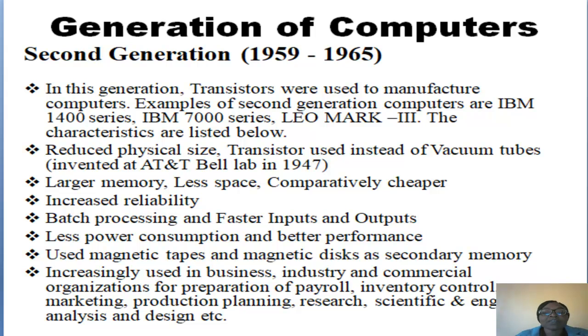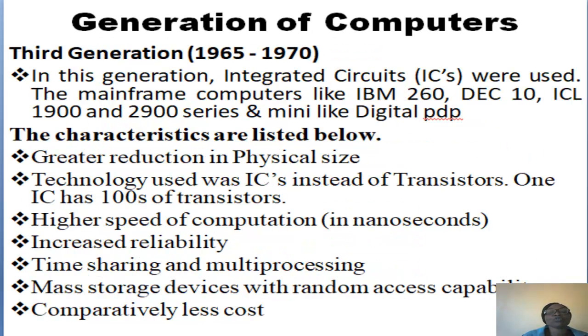They have increased reliability, less power consumption, and better performance when we compare them to the first generation of computers. They use magnetic tapes and magnetic disks as their secondary memory. So these are the features of second generation computers.